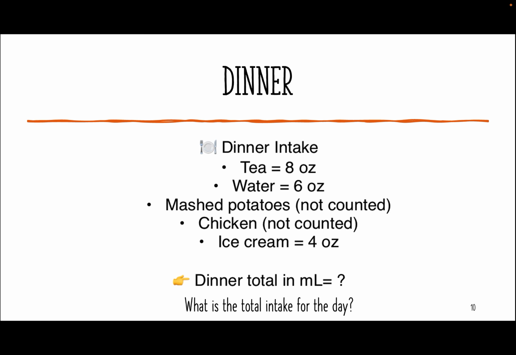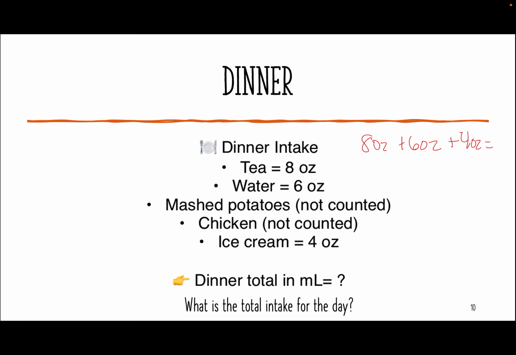Okay, now for dinner. I'm just going to do the quick way, but just make note again, there's mashed potatoes, there's chicken. We don't count any of those, but there is ice cream, and ice cream at room temp is a liquid, so you're going to count that one. So I'm going to do the short way. Oops, sorry. 8 ounces plus 6 ounces plus 4 ounces.